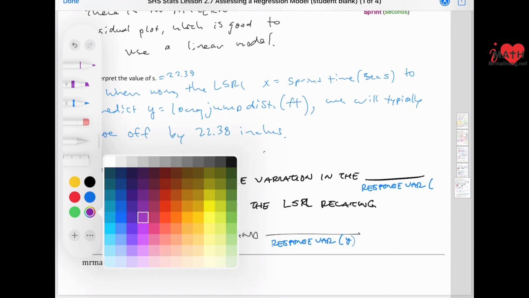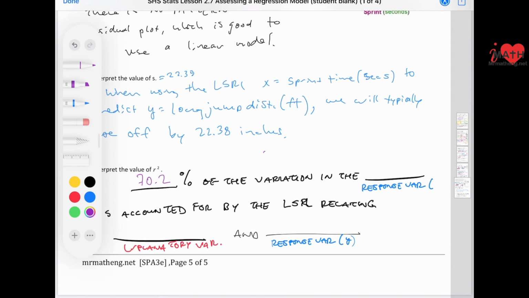So that would be 70.2% of the variation in the y, which is the long jump distance, is accounted for by the least squares regression line of the long jump distance, and relating it to his sprint time, or the 40-yard dash time.